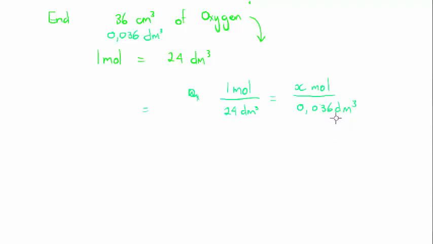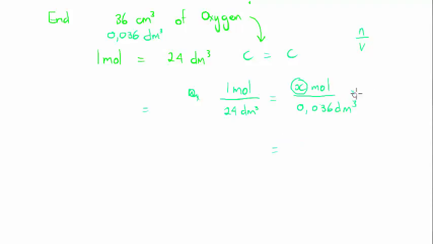So I want to know how many moles I have. So I'll take the ratio that was given. For every 1 mole I've got 24 cubic decimeters. So that ratio must equal the ratio of moles that I actually have. I don't know how many moles I have, so I divide by the volume. In other words, this concentration must equal that concentration, and concentration is mole over volume.